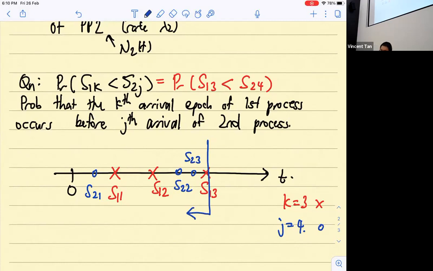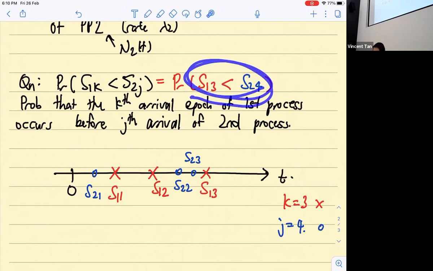Let me repeat. This is super important because I set exam questions of this. And this is also very important when you think about things carefully. Let me repeat. Okay. So what's happening here is I'm interested in this event, S13 is less than S24. What beautiful events must align for this to happen?